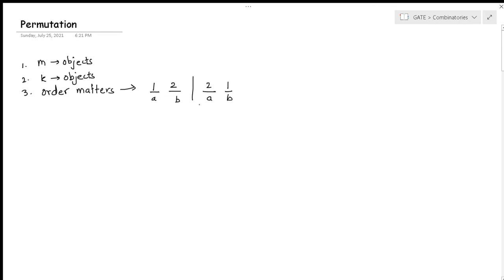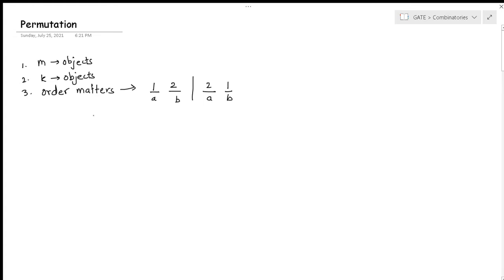You can easily understand this. Take the persons as an example of you and your friend, and take the objects as two smartphones of different companies. It really is a different case which smartphone each of you gets. So here order is mattering. It's important whether you are getting the first object or the second object.